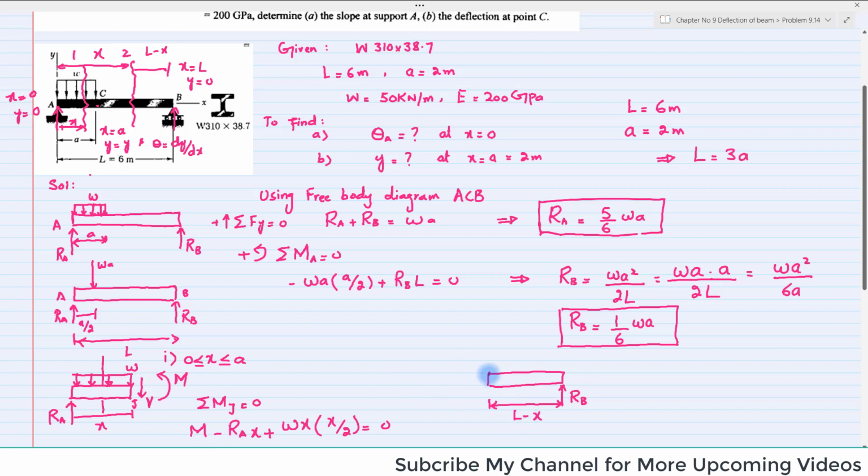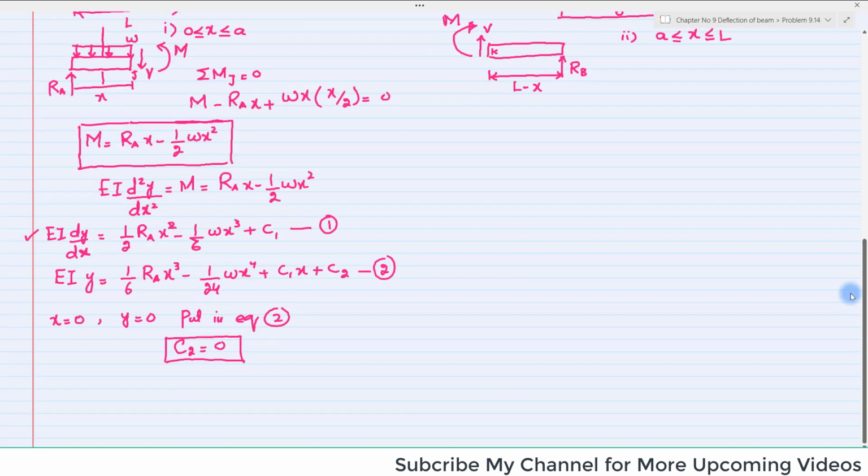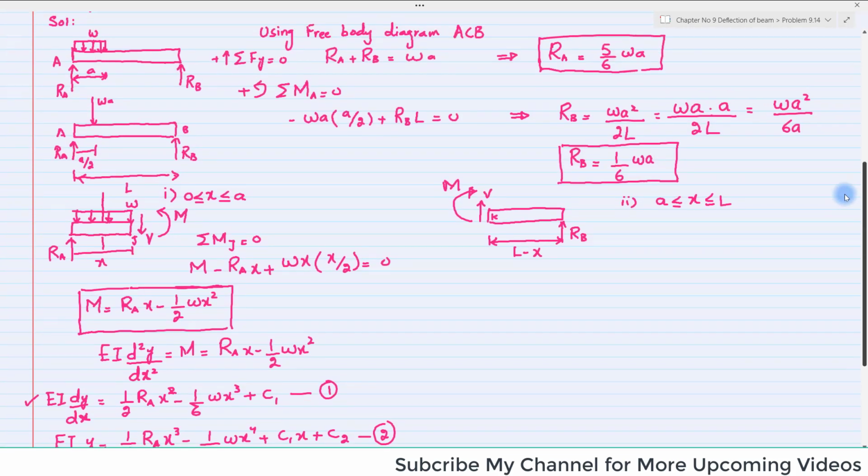And again, if you cut the beam over here, there will be a shear force in the upward direction V, and there will be a reaction moment M. Clear? Let this point be point K. Clear? And this is the second section that is valid for x greater than or equal to A and less than or equal to L. Now we will apply the moment equation for this.